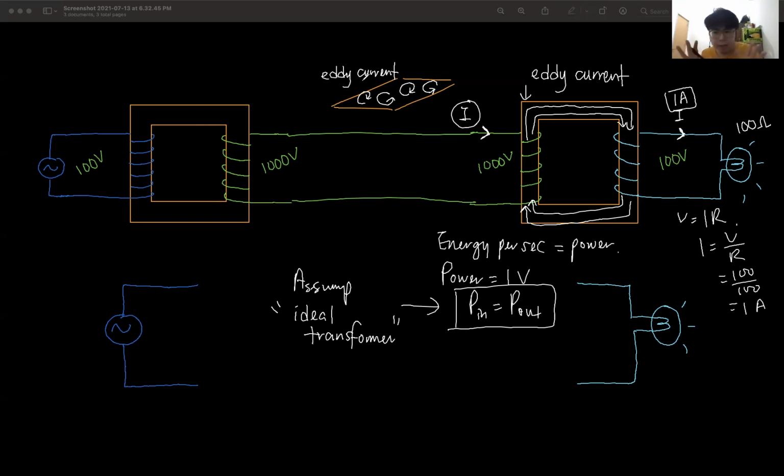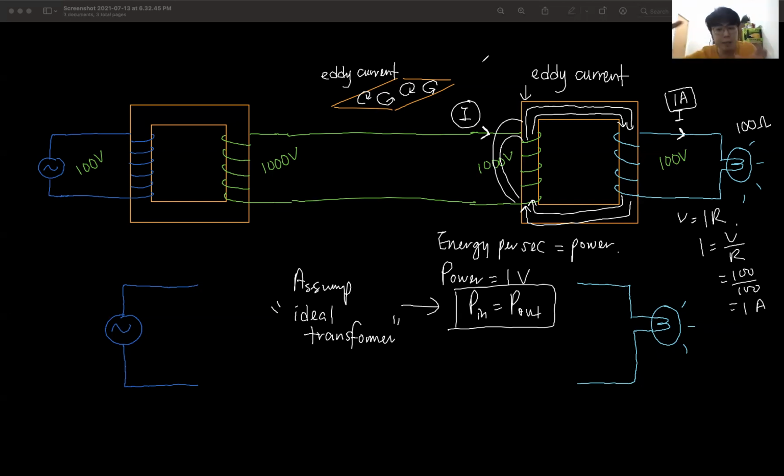Not only that, besides that, you have flux leakage some more. Even though you use the iron block, it doesn't mean you can get 100% of the flux to the other side. There's still some leakage, and this leakage causes more power loss.